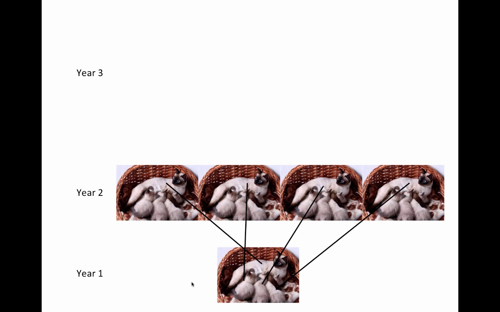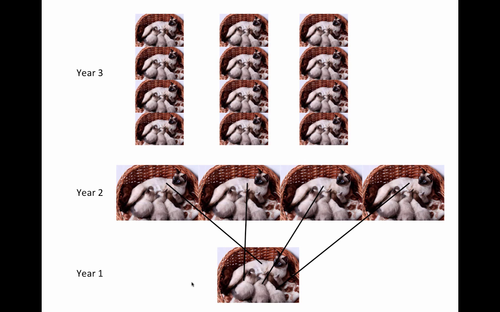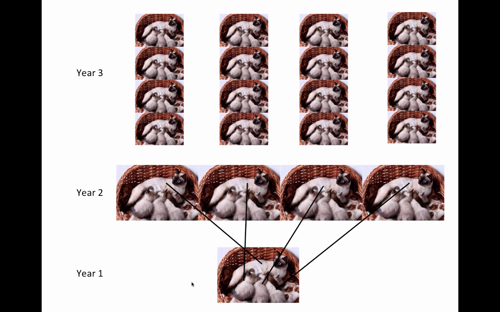In year 3, not only are all of the previous mothers still breeding, but all of their kittens are breeding. So for each one of these, we get another increase by 4 from each cat that's reproducing. We can see in just 3 years, we go from this little group of 4 cats to a total of 64 cats.